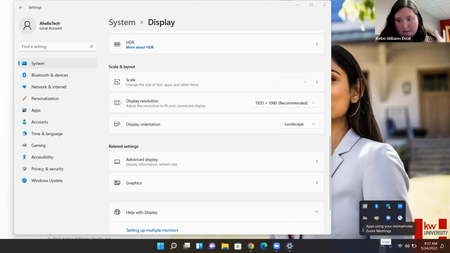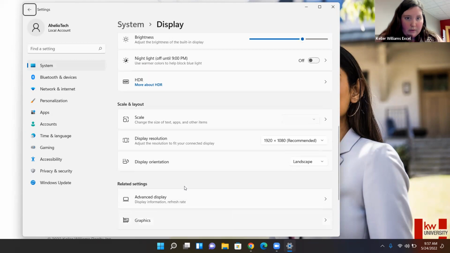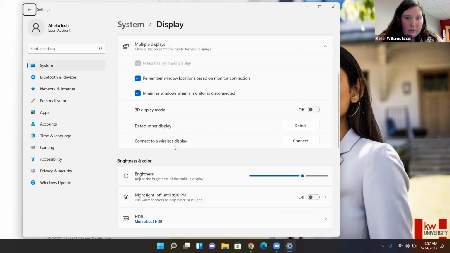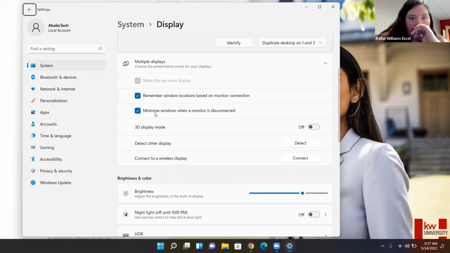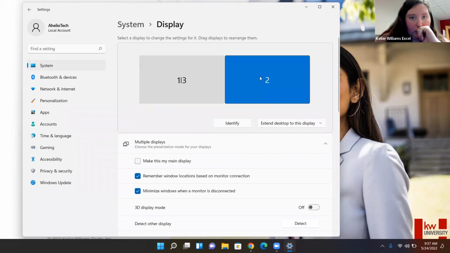Bear with us, guys. I'm trying to get it to actually project on our screen here. Escape, display graphics, scale, HDR, memory, brightness. Detected with display. 3D display. Minimize windows when monitor is detected. Remember windows location. Well, you had it up there.